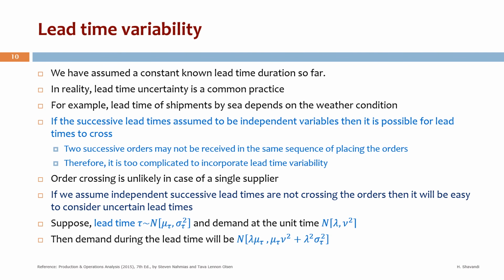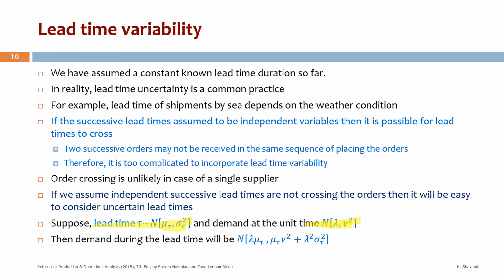We assume demand during the unit time is a normal distribution with mean lambda and variance nu square, and the length of the lead time, tau, is also a random variable with normal distribution, where mu tau and sigma square tau are the mean and the variance of the length of the lead time period.